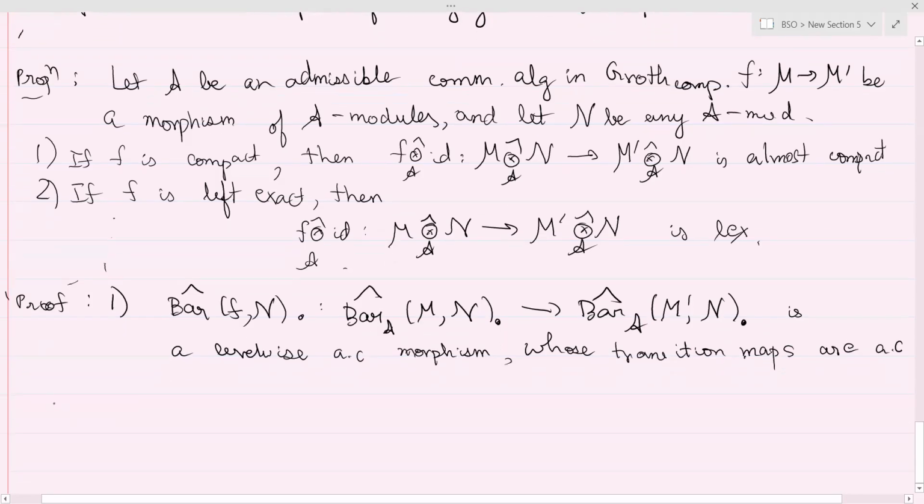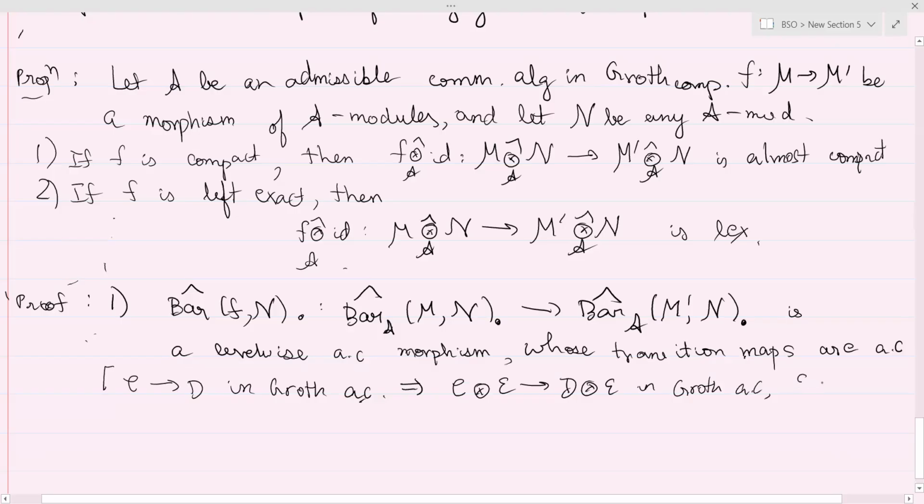To see that it's level-wise almost compact, this is the fact that I stated verbally: C to D in Groth AC implies that C tensor E in Groth AC, where E is any object in Groth. And the face maps being almost compact is this corollary we've already used a couple of times.